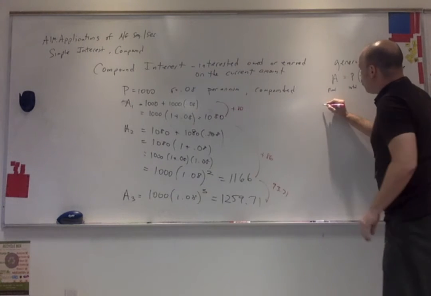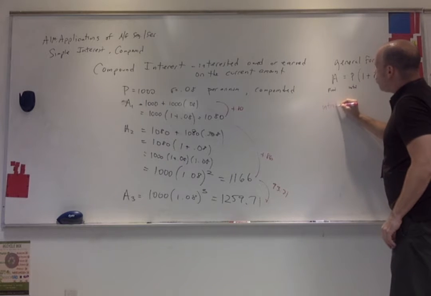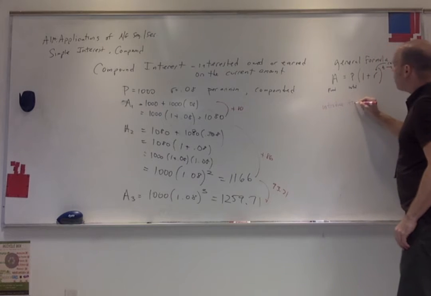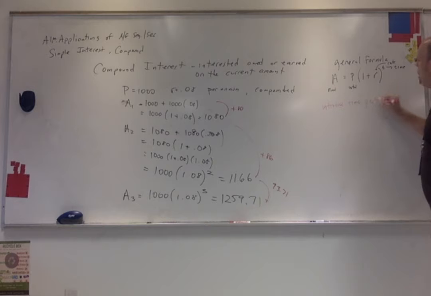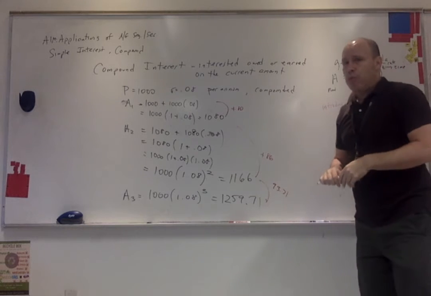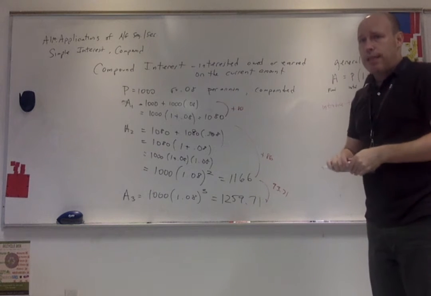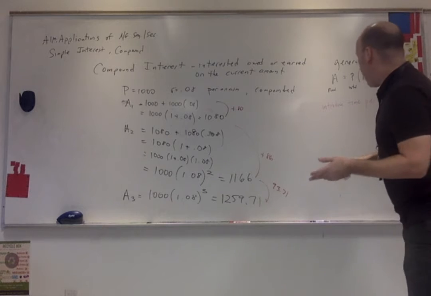We're going to introduce time periods. And so I'm going to put that down here and up here. So I'm going to divide the r by n, and I'm going to multiply the t by an n also. You'll see this in the formula book. This is the idea of time periods.